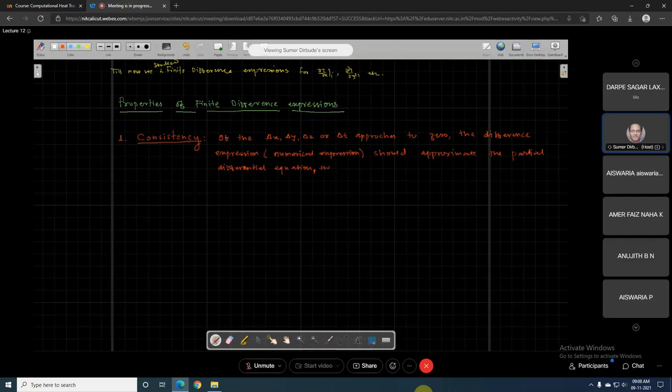Then the difference expression is called consistent.